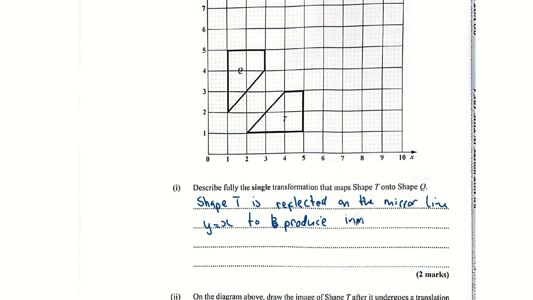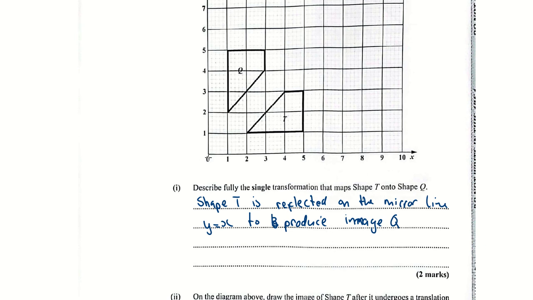So through a process of elimination, we would say that shape T is reflected on the mirror line y equals x to produce image Q. How do I know that?